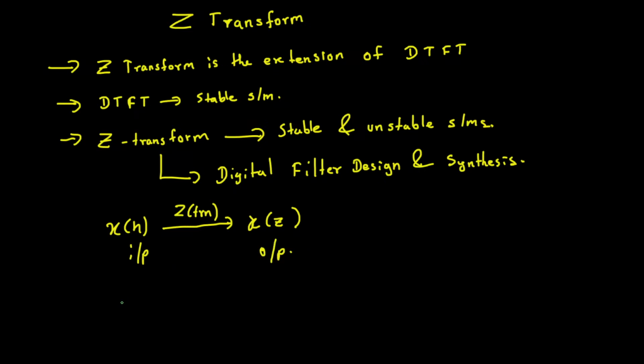Okay, and there's an equation to calculate the Z transform that is given by x of z is equal to summation of n is equal to negative infinity to positive infinity x of n multiplied by z power minus n. Okay, this is the equation we use to calculate the Z transform.